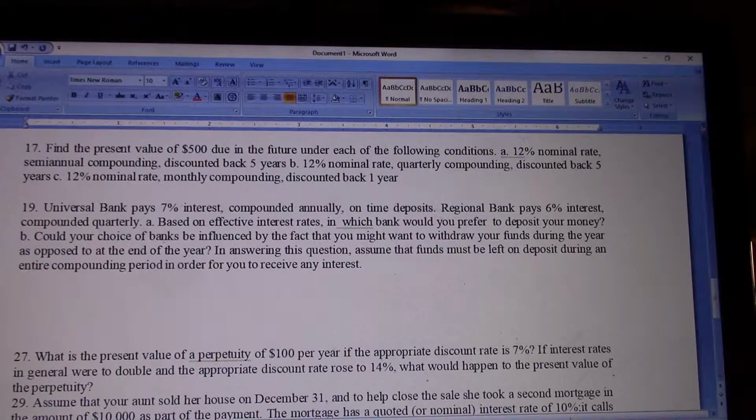Again, you need to calculate the effective annual rate. For 7% compounded annually, the effective annual rate should be 7%, but for 6% compounded quarterly, you should calculate the regional bank's effective annual rate and then compare with the 7%.